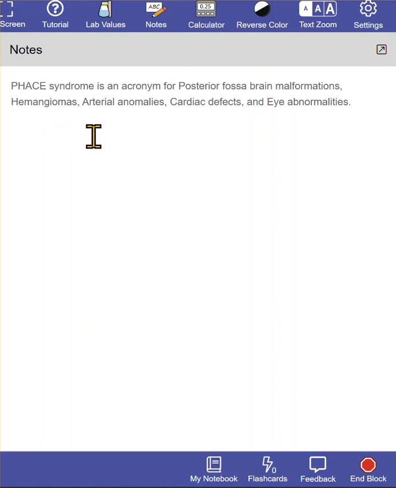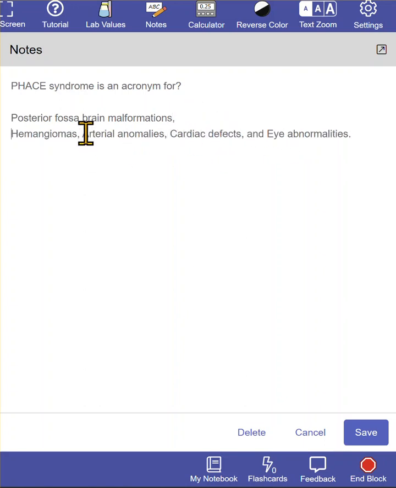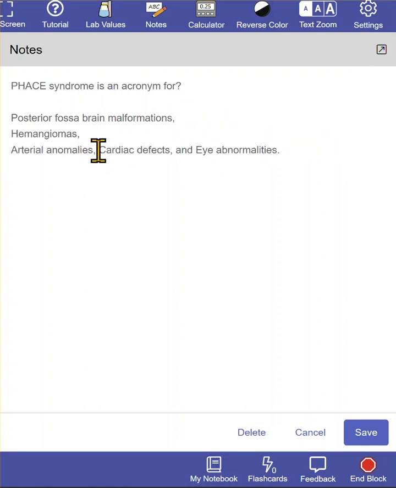Then FACE syndrome is an acronym for posterior fossa brain malformations, hemangiomas, arterial anomalies, cardiac defects, and eye abnormalities.